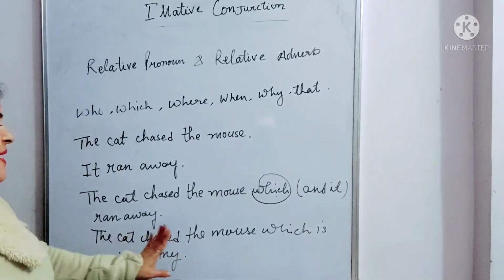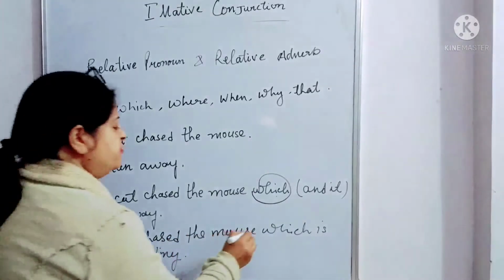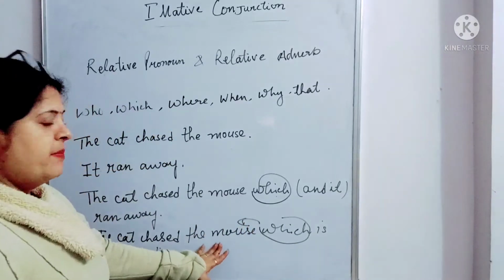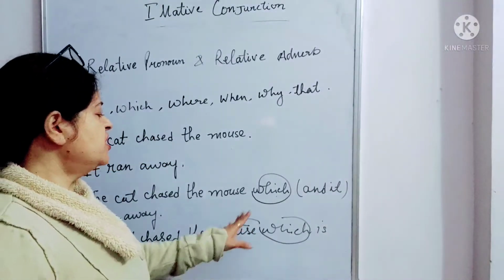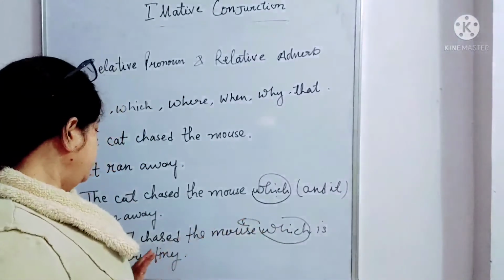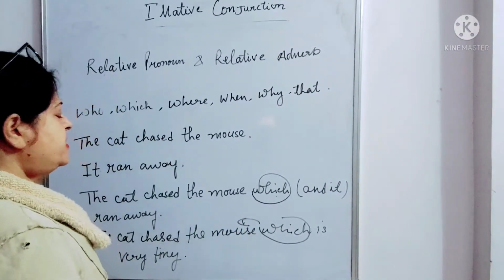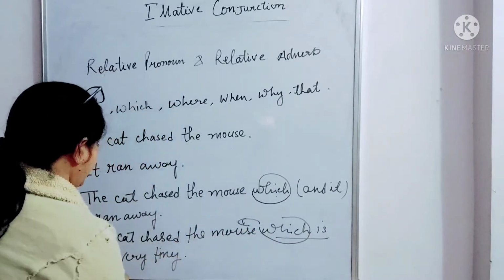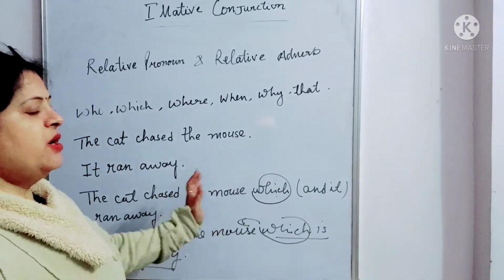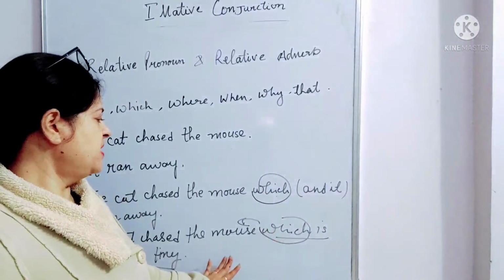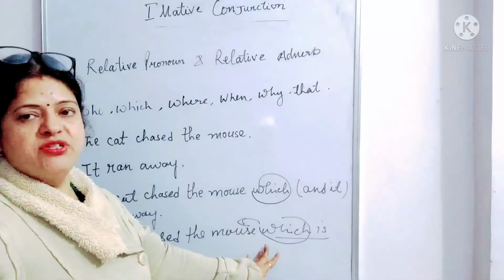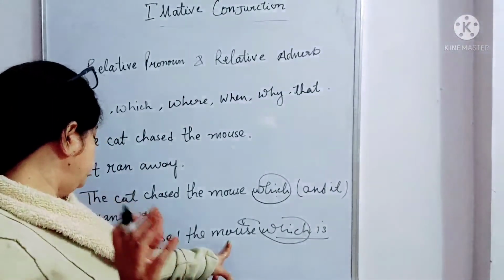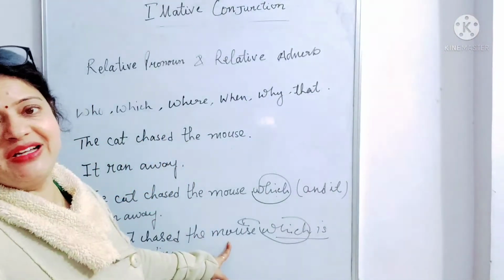So here in this sentence we see that this which is actually describing this noun, mouse, coming just after it. So here this sentence is called a complex sentence, and this whole part is depending on the principal clause for its meaning. It is a complex sentence, okay? It's not a compound sentence because it is talking about this particular mouse, that it is very tiny.